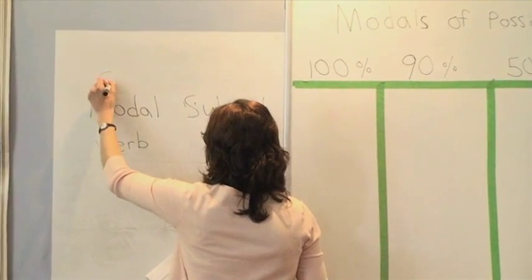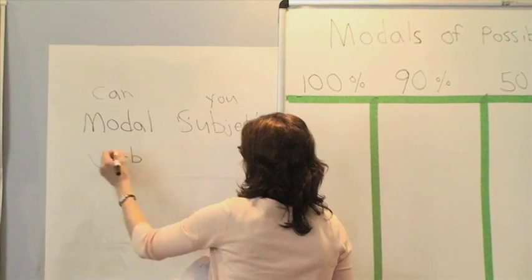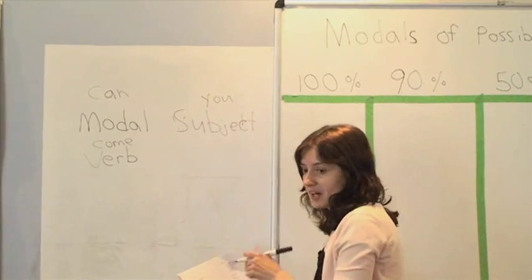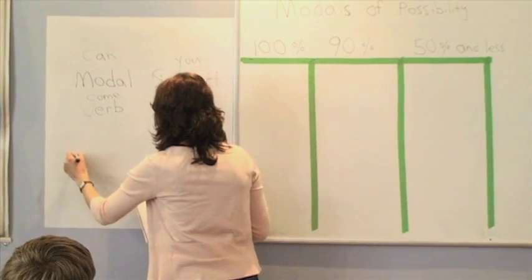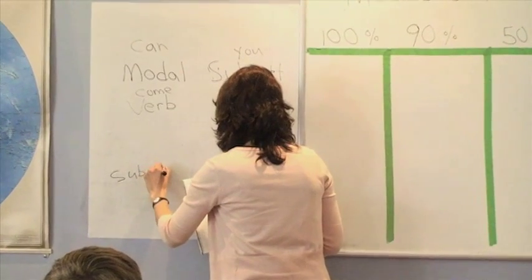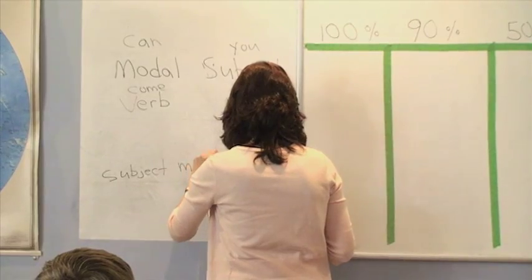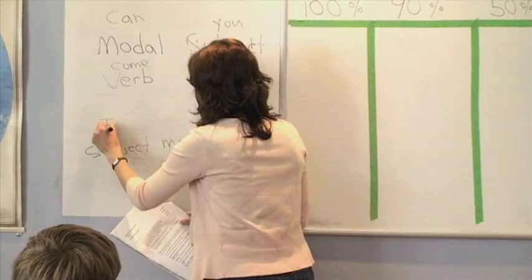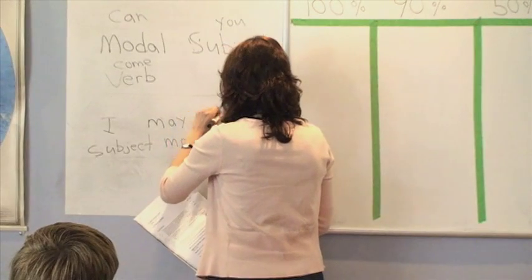So can you come? Now this time it's going to change the sentence shape because we're learning about different modals. So the sentence goes subject, and then the modal, and the verb. So first we have I may go swimming.